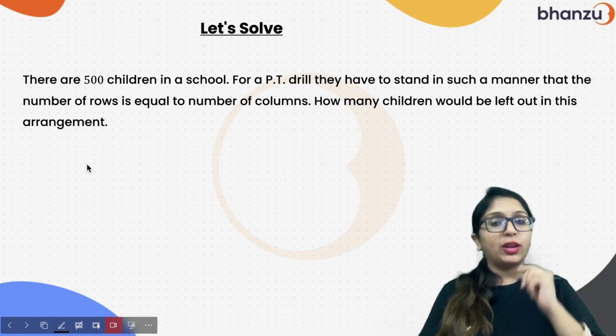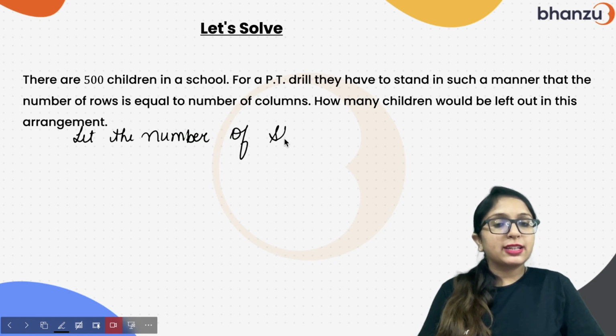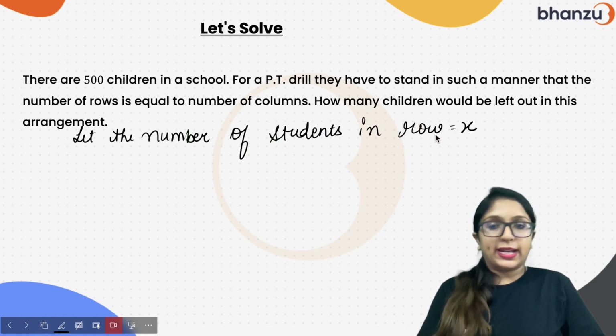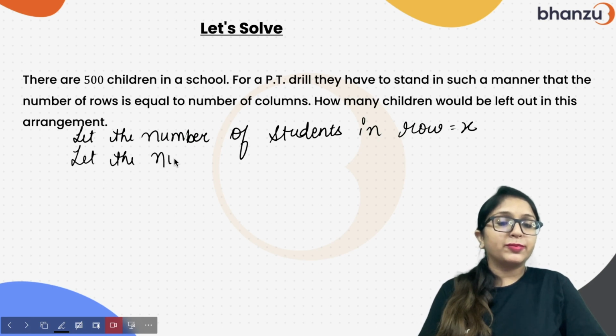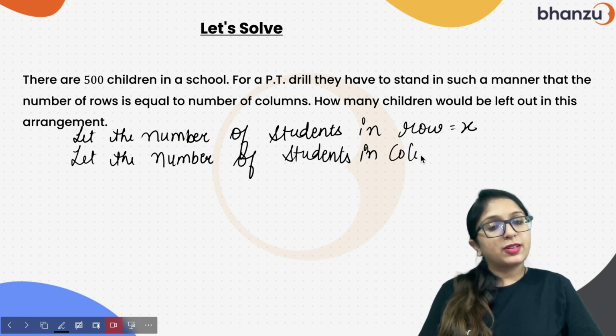So let the number of students in a row be equal to x, and similarly let the number of students in a column also be x, right?